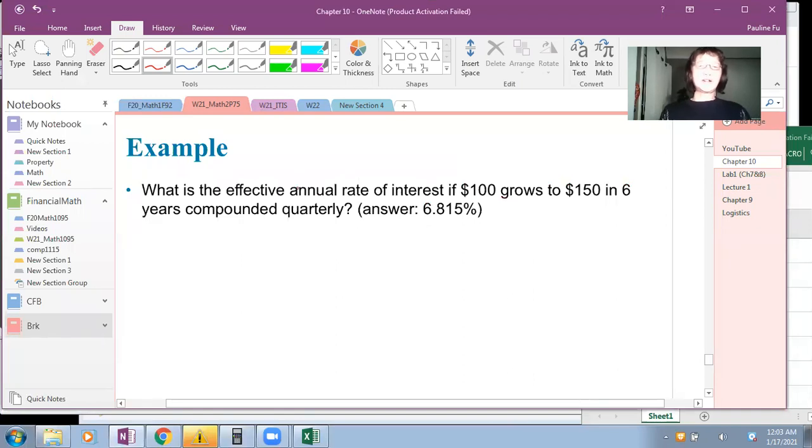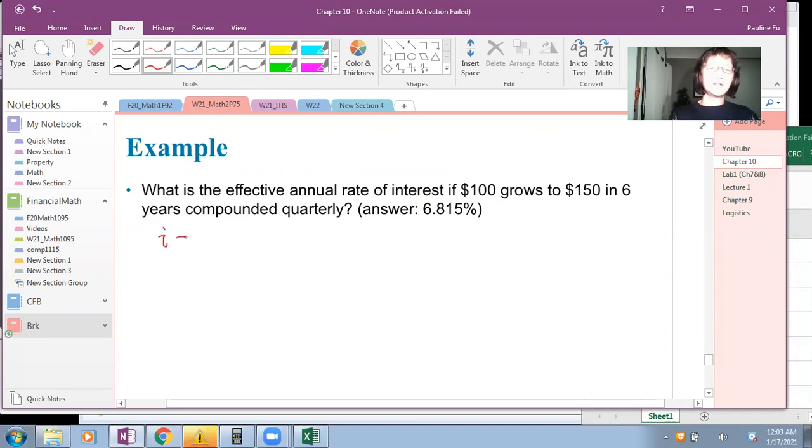What is the effective annual rate of interest if $100 grows to $150 in 6 years, compounded quarterly? Okay, so for this question, I can use a different method. First, I will use the formula.